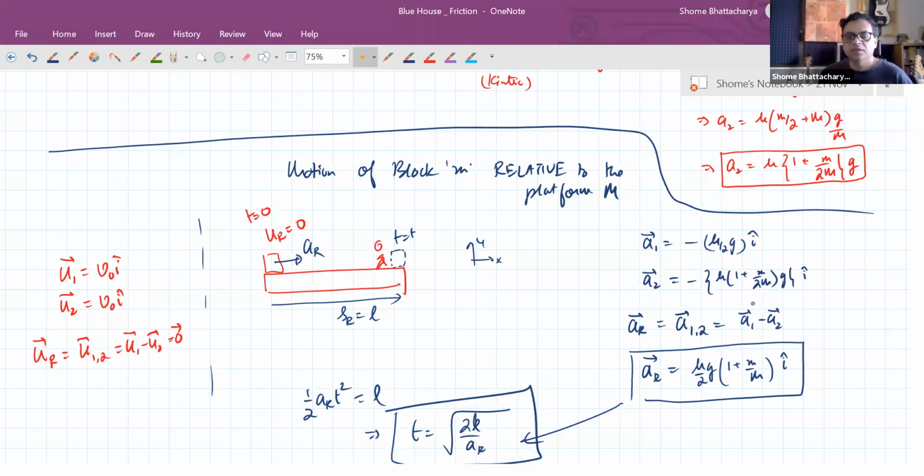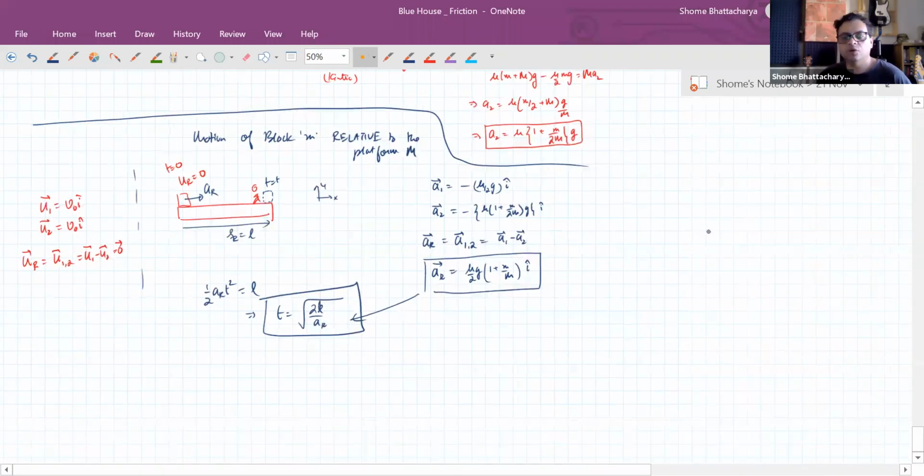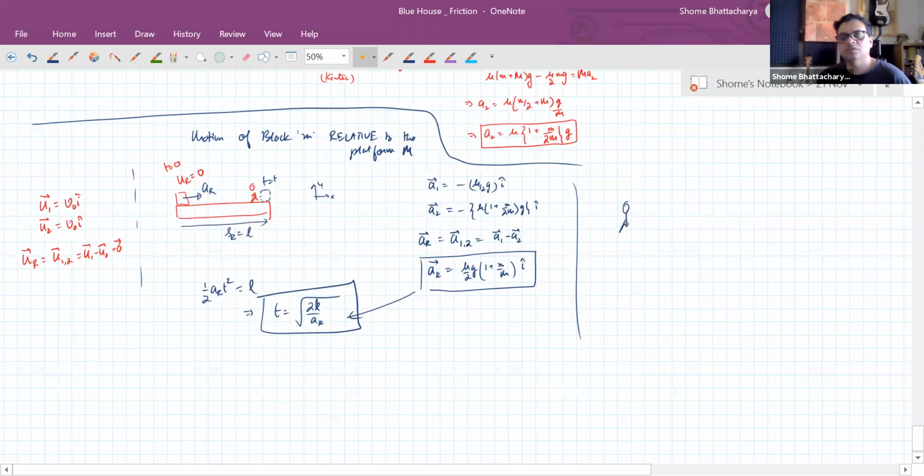Okay. In ground frame, actually, what will be happening is that both the blocks set off. If you are seeing with respect to ground, both of them have a common velocity of v naught here like this. Okay, and this is the situation at t equal to 0. So after some time, this is what is happening. We'll have some different velocities.